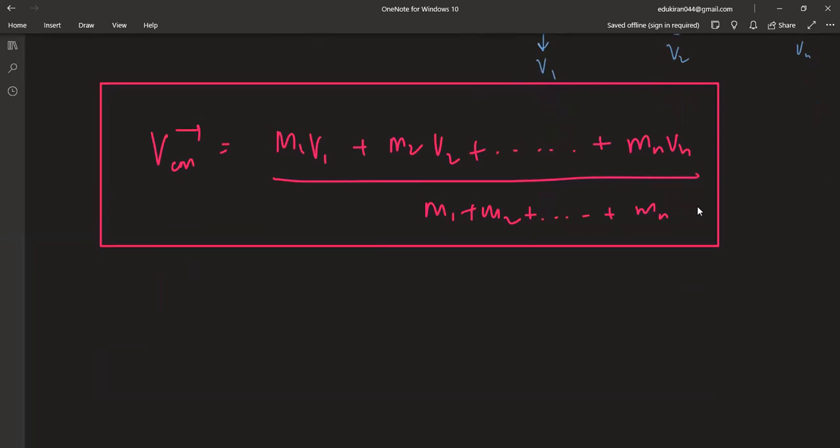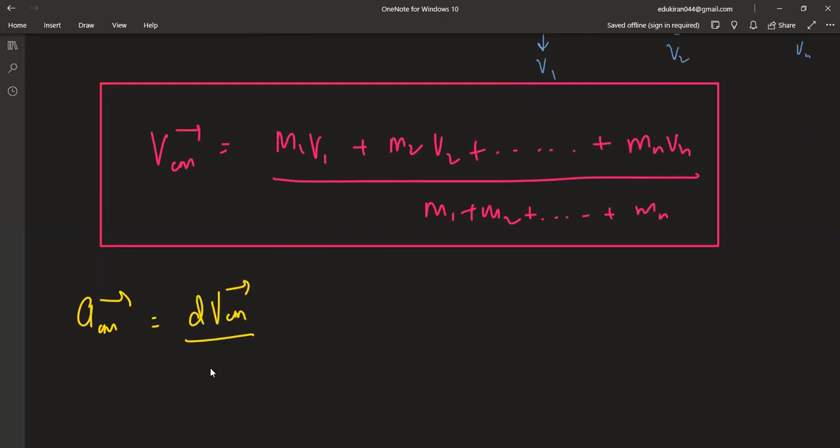Now see, if I further differentiate, what do I get? Acceleration of center of mass. Acceleration means you are differentiating velocity.